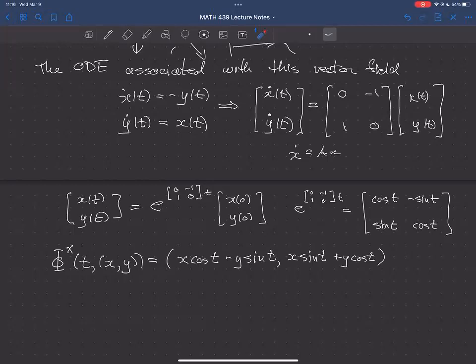So that's the flow in this case. And so you can see here that the flow neatly encodes two ways of thinking about that. It encodes all of the integral curves of the vector field, or in this example, because the vector field has a nice globally defined differential equation, it encodes all of the solutions of the differential equation for all of the possible initial conditions at time 0.